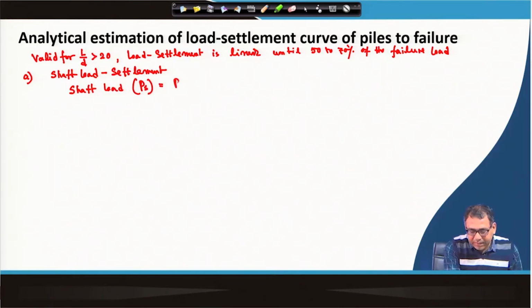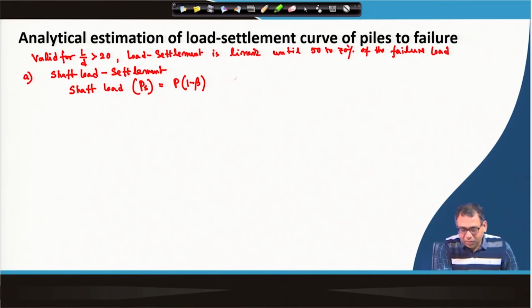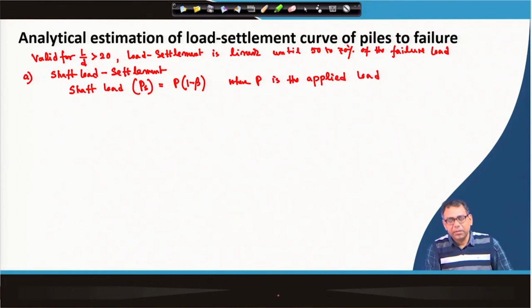That is equal to P into 1 minus beta, because beta is the portion of the load which is transferred to the tip. So, the amount of load on the shaft will be P into 1 minus beta, where P is the applied load. Okay.